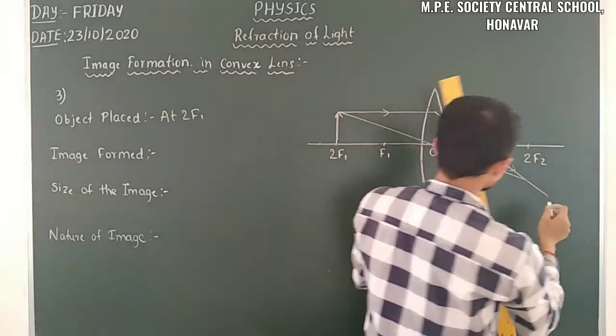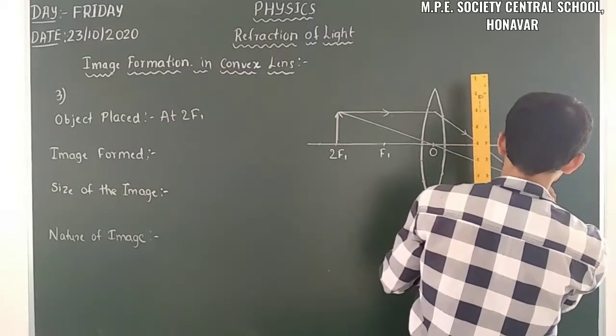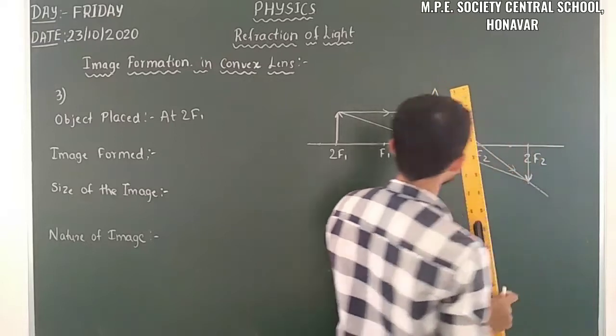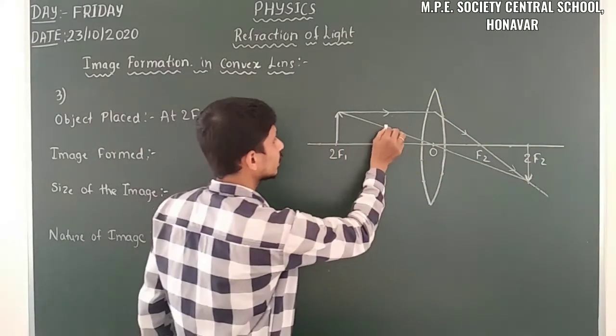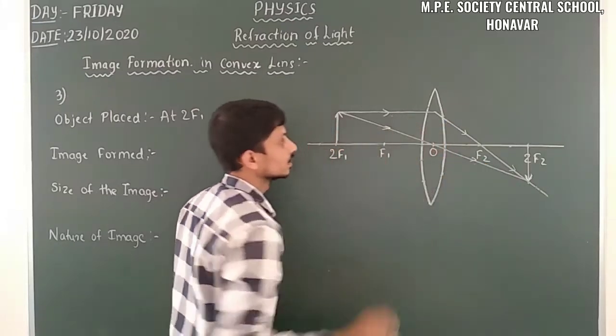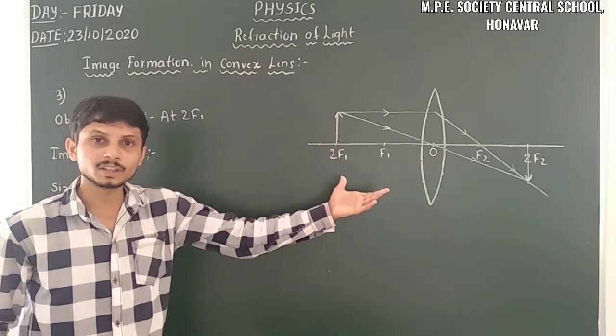So let us take the image formed here. Just observe the image formed here. So this is the ray behavior of image formation.